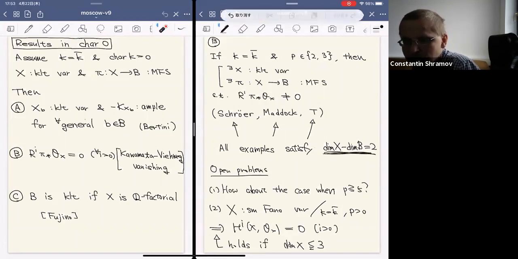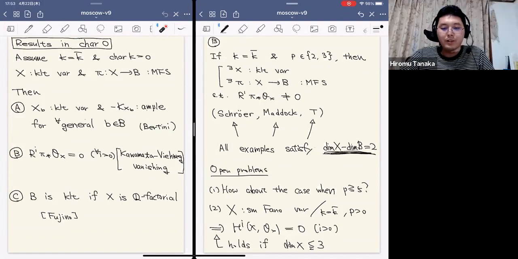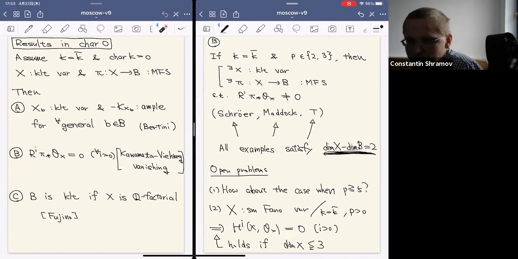So this means that these bad examples cannot be constructed for surfaces. But do we know something positive in the surface case? On the other hand, do we know that they are really impossible for surfaces, or we just don't know such examples yet?